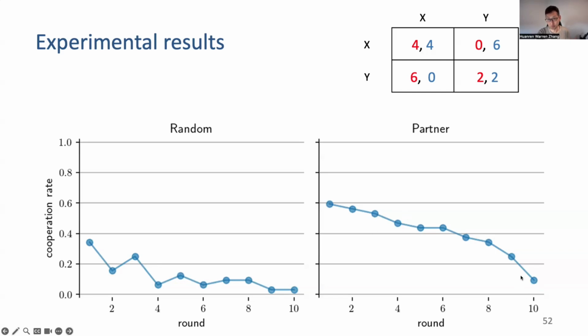But at the end, there's no future, so there's no relationship anymore. Then the concerns for long-term cooperation will be non-existent. It's similar to the stranger matching. So that's why we observe this end game effect. Sometimes I call it the end of world effect.